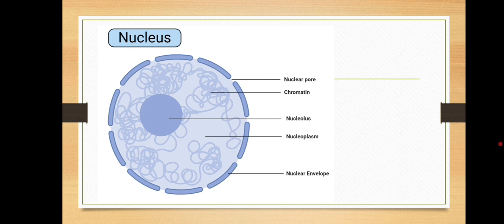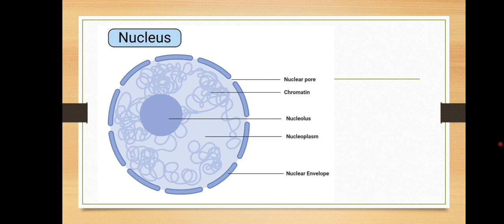What is the nuclear envelope? The nuclear envelope is the outer covering of the entire nucleus, which provides structural support to the nucleus and on which the nuclear pore is present. That's it. So this was the basic idea about the nucleus.